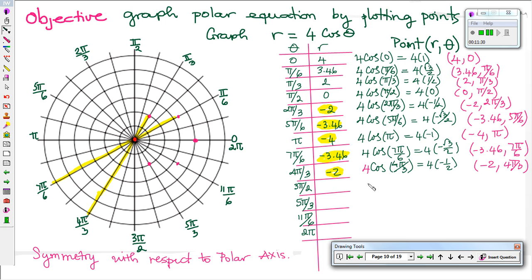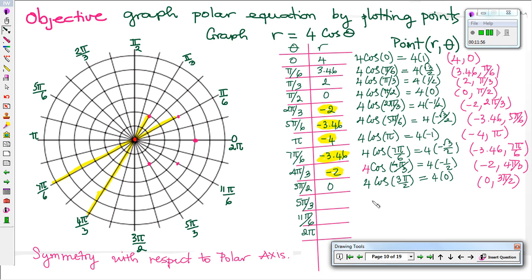Okay, next one, let's look at 3 pi over 2. So we do 4 times cosine of 3 pi over 2, which will be 4 times 0 equals 0. So r at 3 pi over 2 is 0. So we are at the pole. So 0, 3 pi over 2.